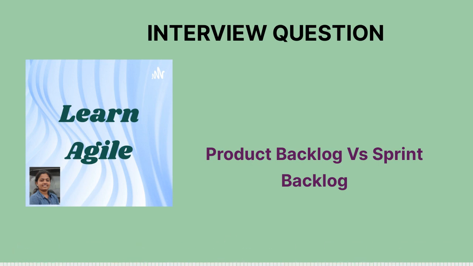Now, there are so many high-level items that we have seen as part of the product backlog and sprint backlog. So, in a nutshell, I just want to quickly give some pointers so that you can all remember. I explained the product backlog and sprint backlog in detail.